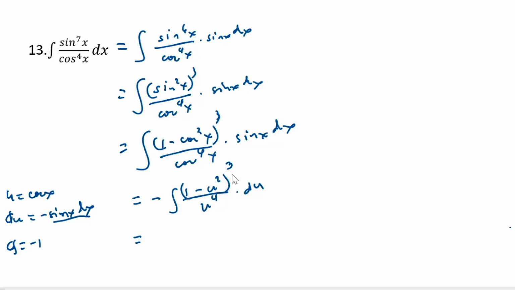Next, we are going to expand the cube of binomial. Recall the idea of cube of binomial. The cube of a plus b is equal to a cube plus 3a squared b plus 3 times ab squared plus b cubed.